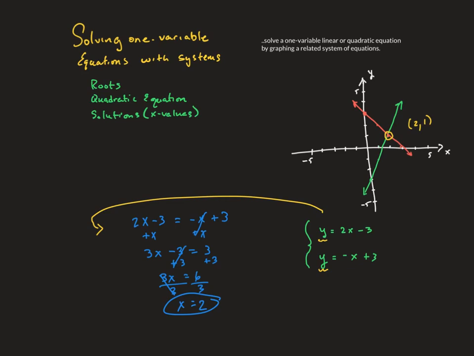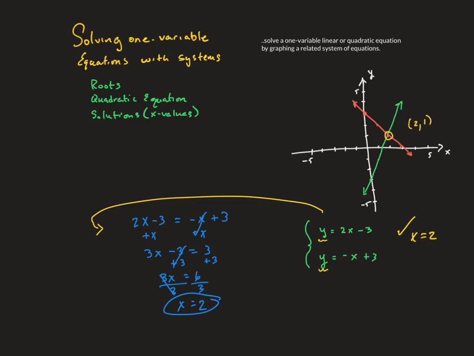So when we're talking about these one variable equations, the solutions are going to be my x value. Because sure enough, when I solved for x, x equals 2. And if you see the comparison here, x equals 2 is the x value of my intersection point. So that's why my solutions are going to be the x values of the intersection point.